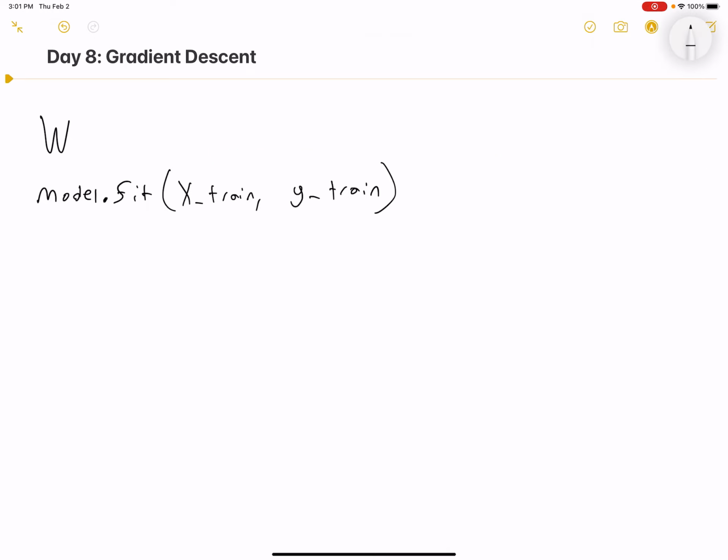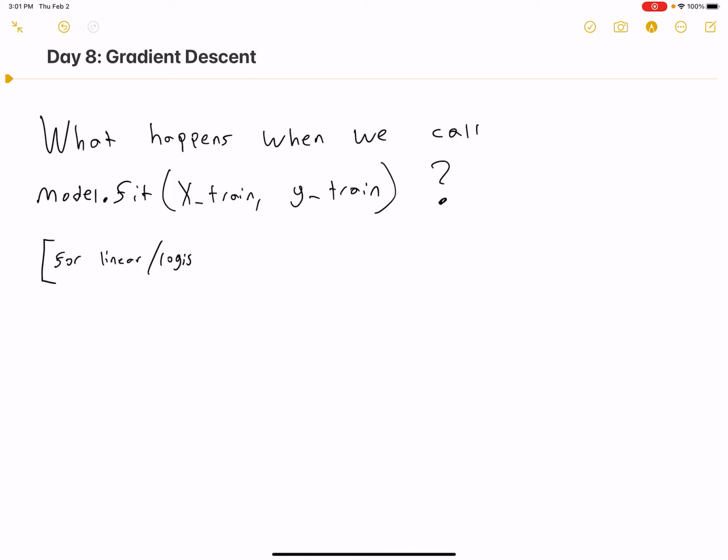So today is all about what happens when we call model.fit. Now, this isn't every machine learning model that we're going to learn in this class, but this includes specifically linear and logistic and other types of regressions.